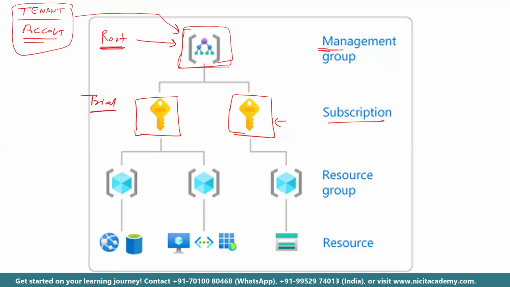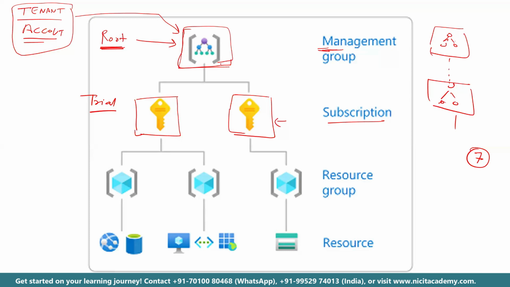Got it. Okay. And then, just for your understanding, since we are on this page: under a management group, let's say this represents a management group, under it we can have another management group created. This is totally possible, and that can go up to 7 levels, including the root management group.